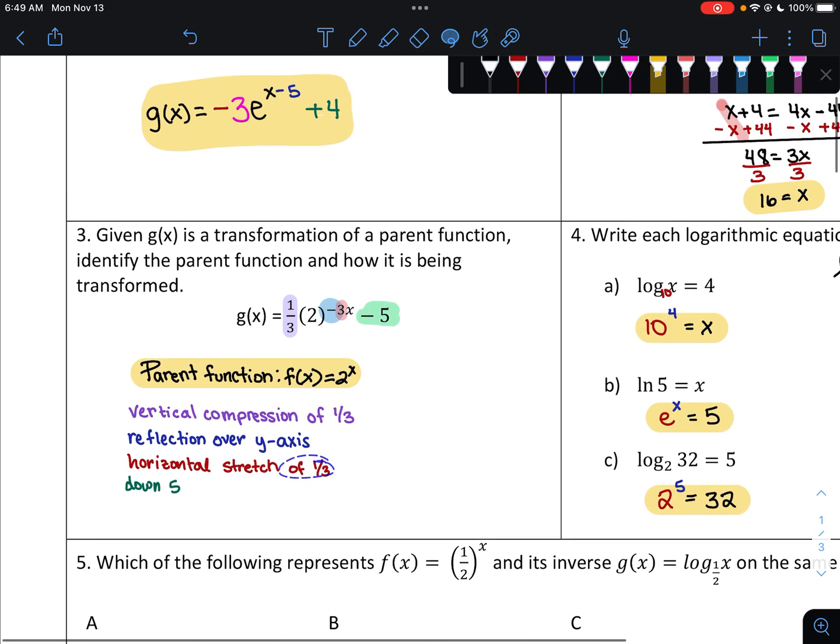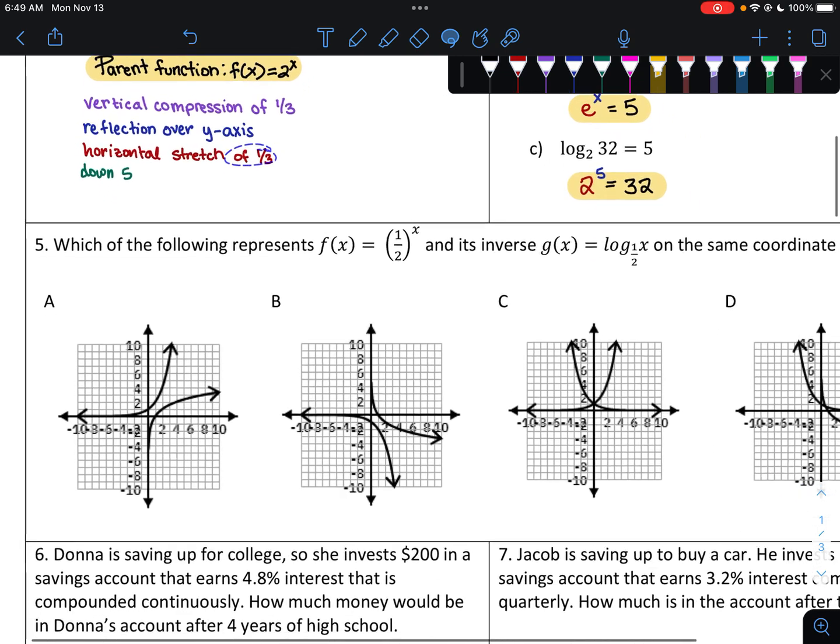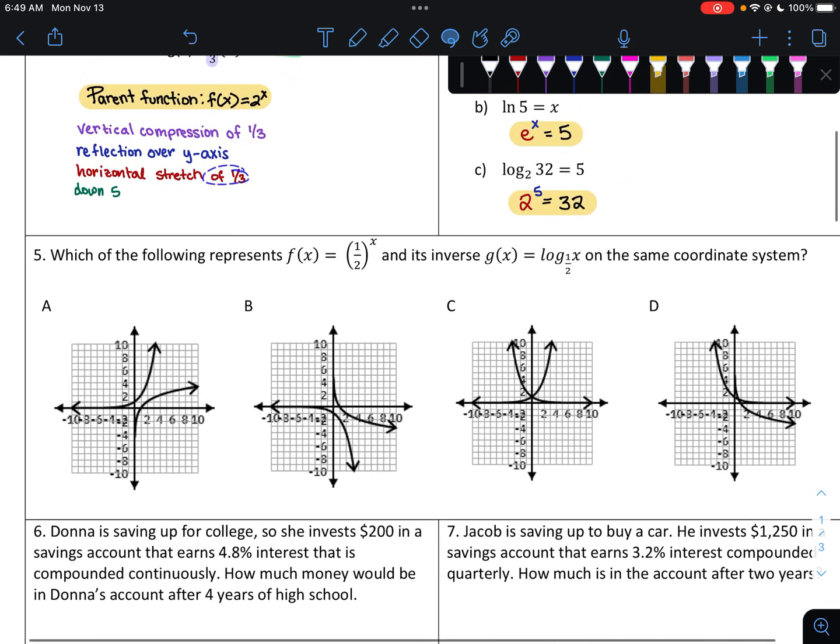Okay. Looking at the next one, it says, which of the following represents f of x equals 1/2 to the x power and its inverse g of x equaling log base 1/2 of x on the same coordinate plane? So we're going to graph these on the same calculator.